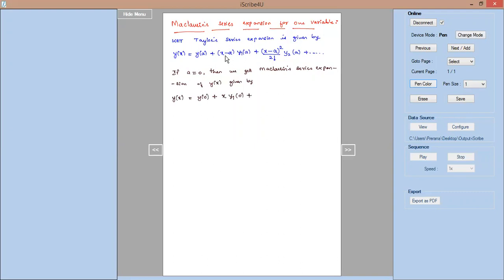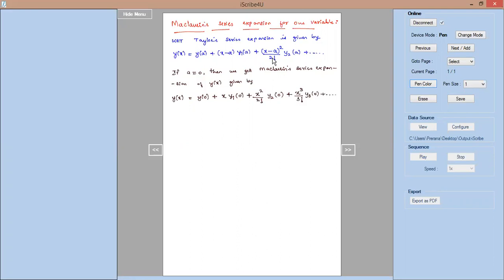So this gives us x minus 0 into y1 of 0, that is simply written as x into y1 of 0, plus x square divided by 2 factorial into y2 of 0. If we want to write the third degree term, this will be x cubed divided by 3 factorial into y3 of 0, etc.